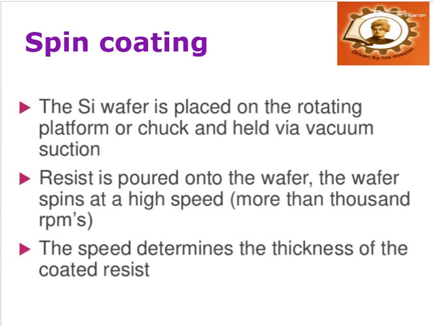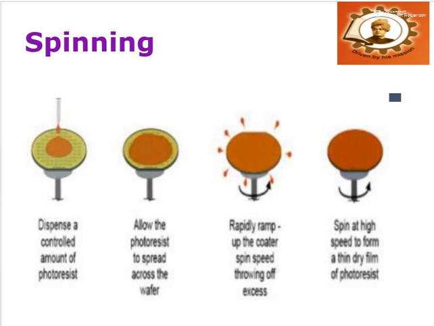The Si wafer is placed on a rotating platform via some vacuum suction. The resist is poured onto the wafer, and the wafer spins at a speed of more than 1000 rpm. This speed or rpm determines the thickness of the coated photoresist. So this slide shows the spinning process.